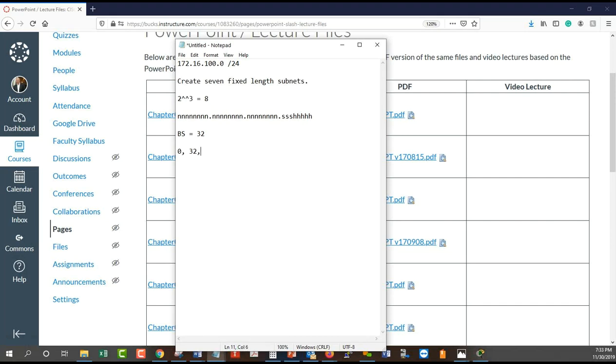So 0, 32, 64, 96, 128, 160, 192, and that gives me my 7, and I'm just going to take it to 224, the next level up, okay? So those are our network IDs, correct? Do you agree?